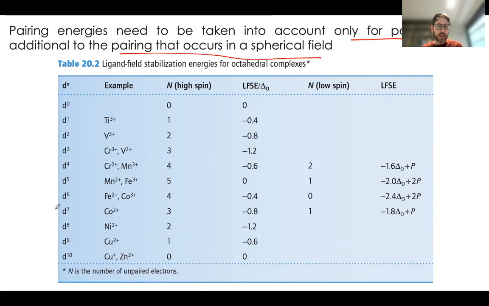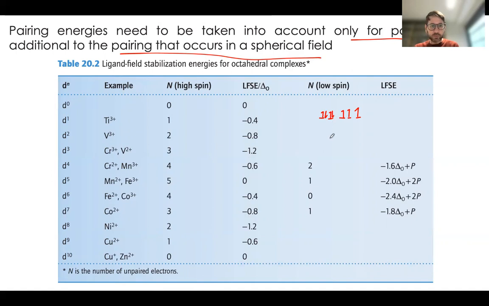let's take a look at the d7 configuration. So in the spherical field, we have the five d orbitals, right? So in the spherical field, we have seven electrons like this.